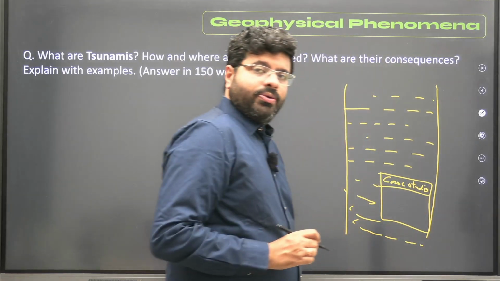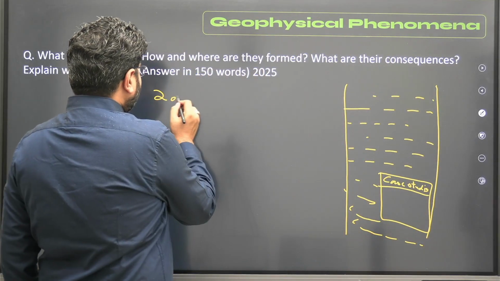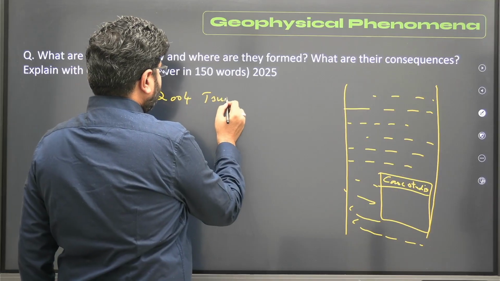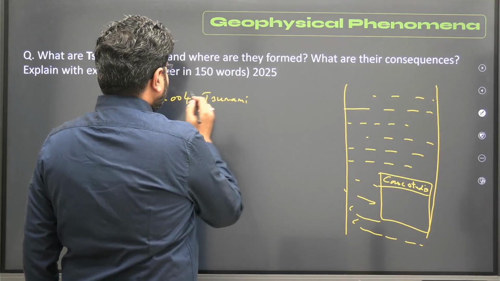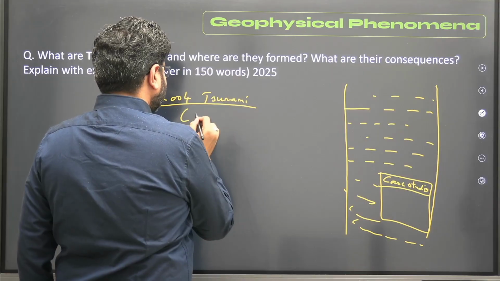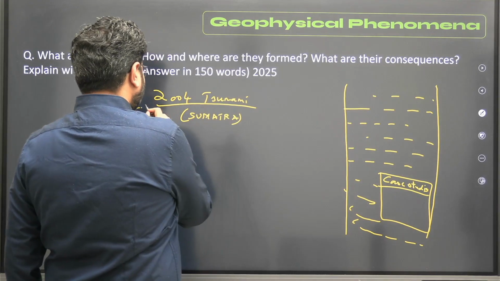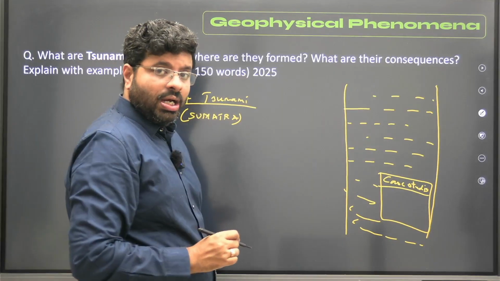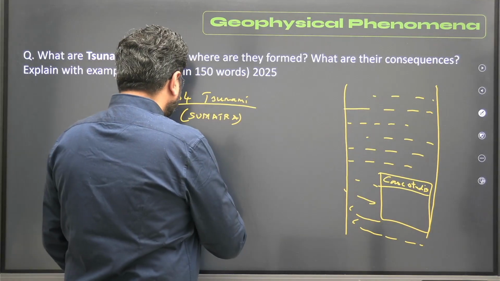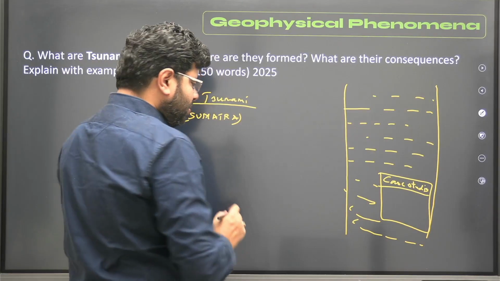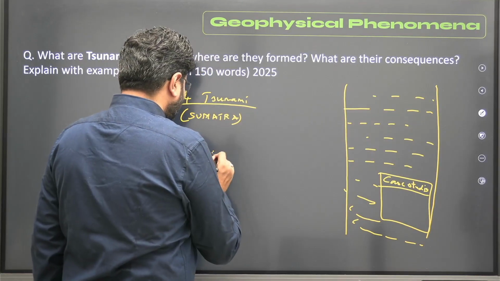For example, the 2004 tsunami at Sumatra, Indonesia, how it caused havoc for South Asia and Southeast Asia, causing more than 2,30,000 loss of lives.